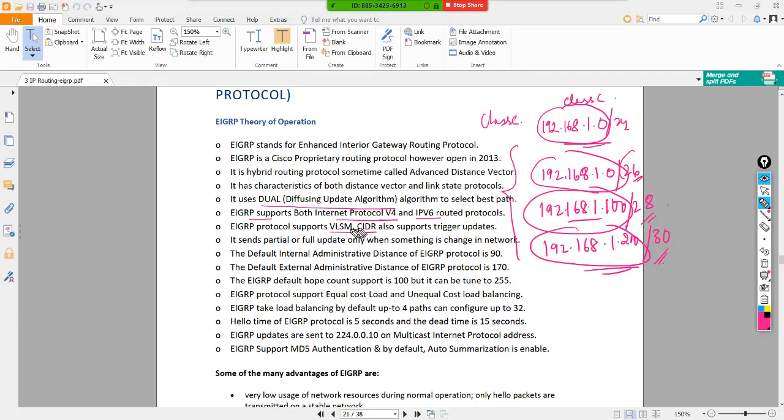So that's VLSM. CIDR is nothing but a notation for the prefix value. If you just write /26, /27, /28, these are called CIDR. If you write the equivalent subnet mask like 255.255.255.128 or 224, now they become subnet masks.